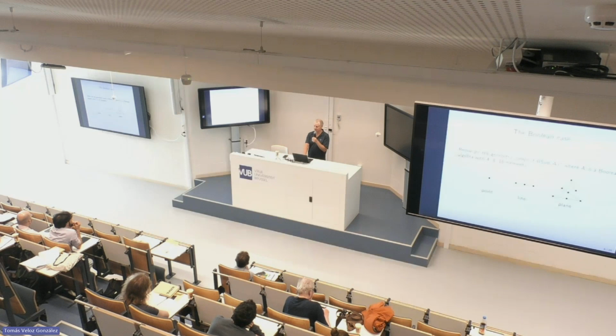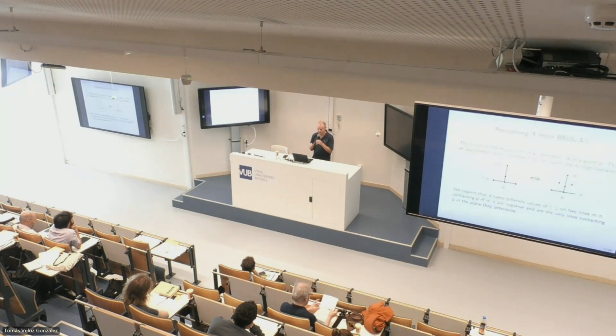An 8-element Boolean algebra is a line with 3 4-element Boolean subalgebras. So it's a line with 3 points on it. Now a 16-element Boolean algebra takes a little bit of doing, but it winds up looking like this. It's more or less the Fano plane missing a little bit, and that's not a coincidence, but we're going to call this a point, call this a line, and call this a plane.